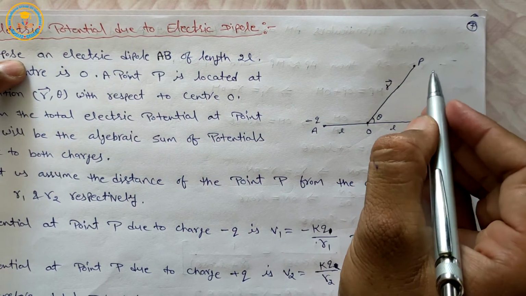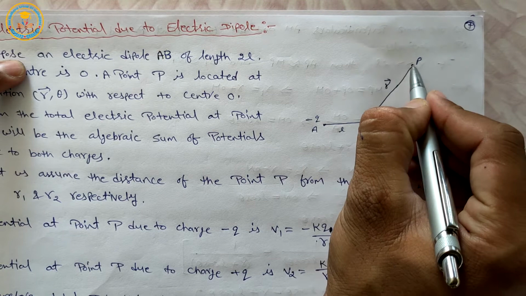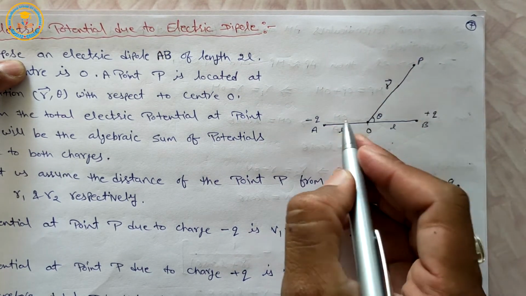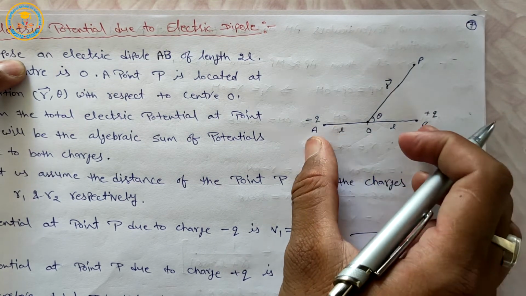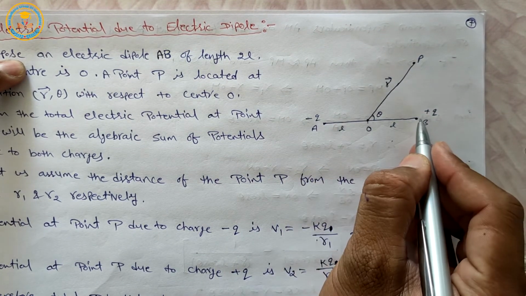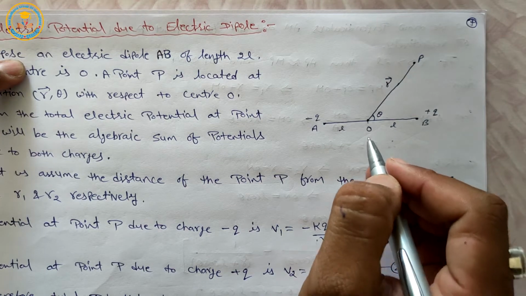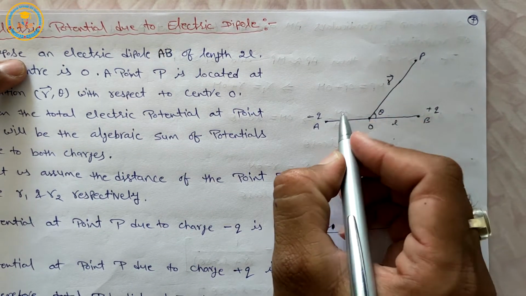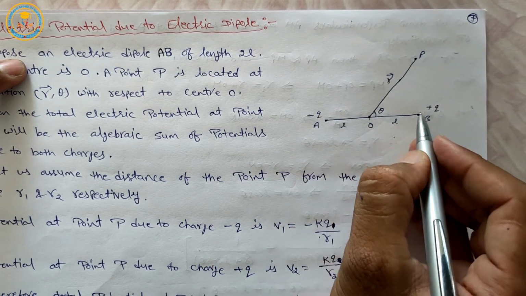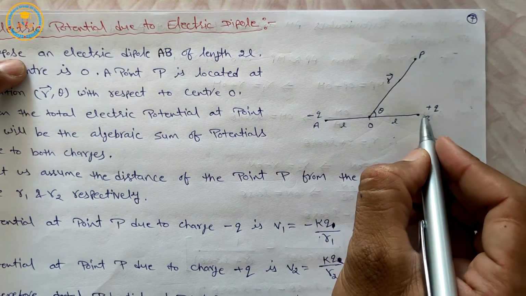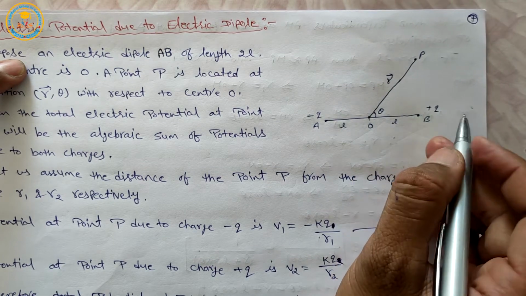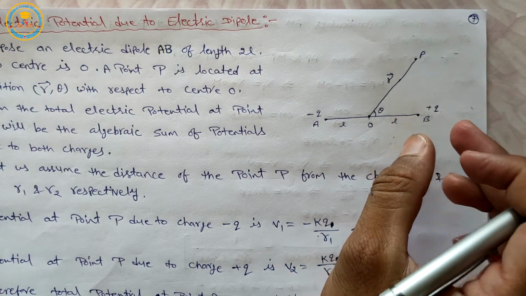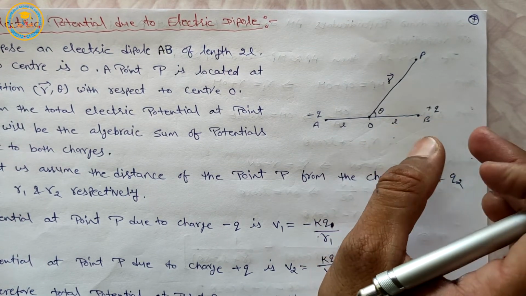So the total electric potential at point P is equal to the algebraic sum of potential due to both these charges. So firstly we determine the electric potential at point P due to this charge, and next the electric potential due to this charge. For electric potential we require a charge and distance between points.